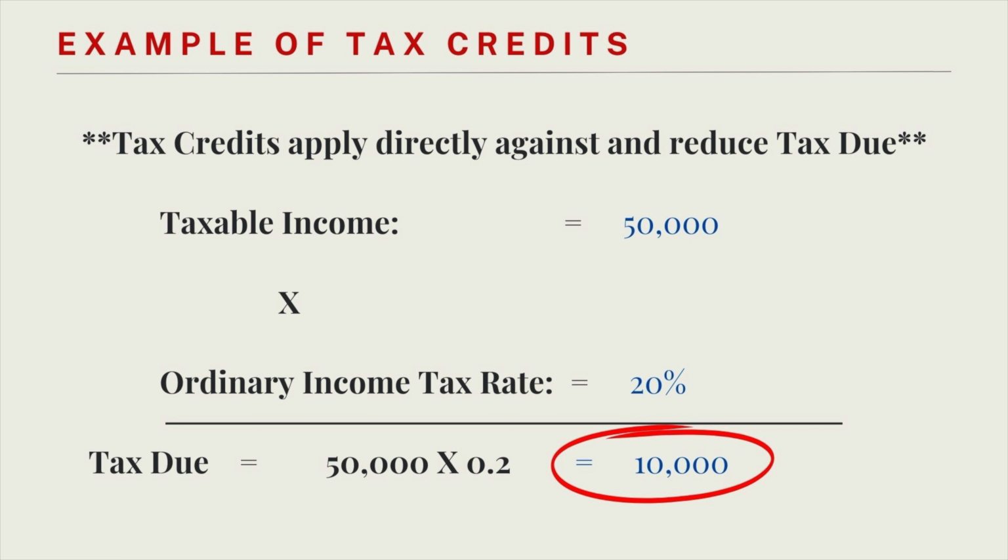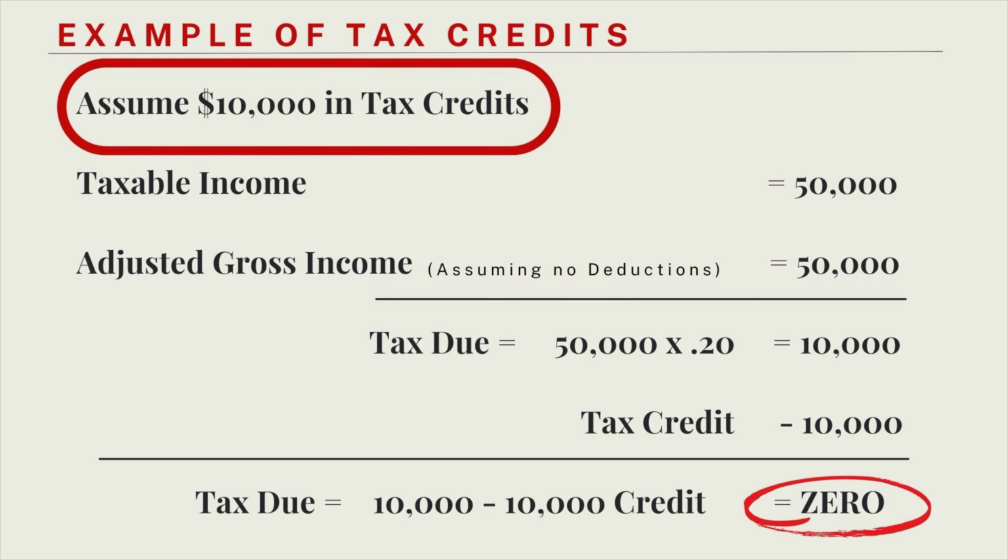Using the same figures as above, we have taxable income of $50,000 and a tax rate of 20%. To calculate the tax due, you multiply $50,000 by 0.2, and your total tax due equals $10,000. Now let's assume you have a $10,000 tax credit.